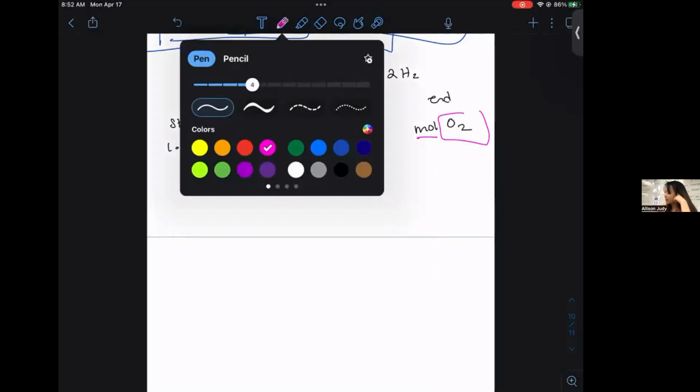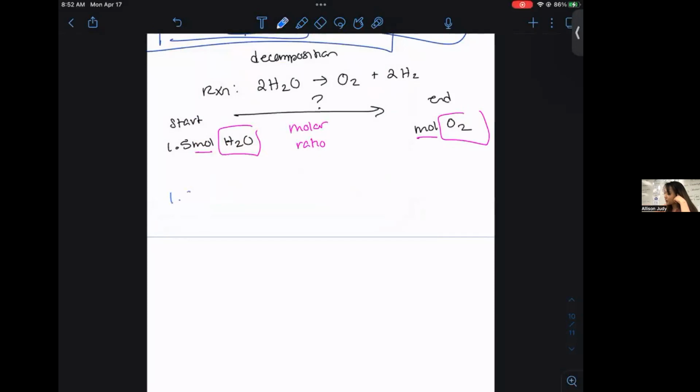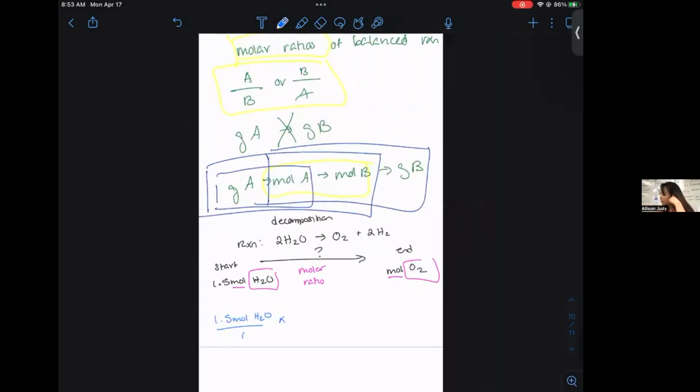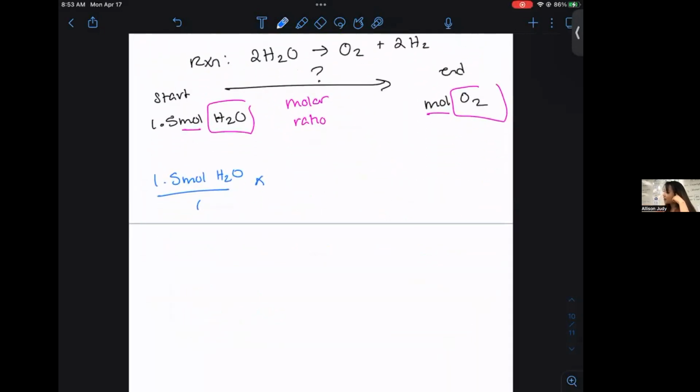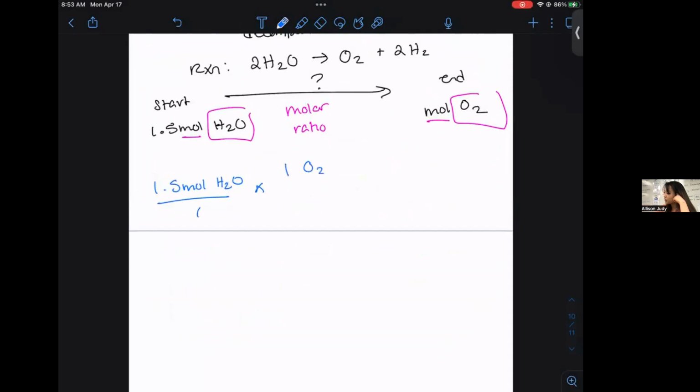So what I would say then is that I'm going to multiply 1.5 moles of H2O, which is basically like saying over 1, times my molar ratio. Well, I know for every 1 oxygen gas molecule, I decompose 2 water molecules, 2 moles of water molecules.